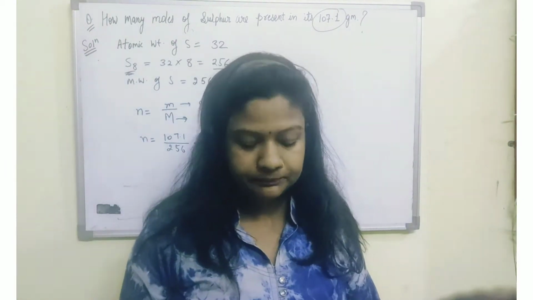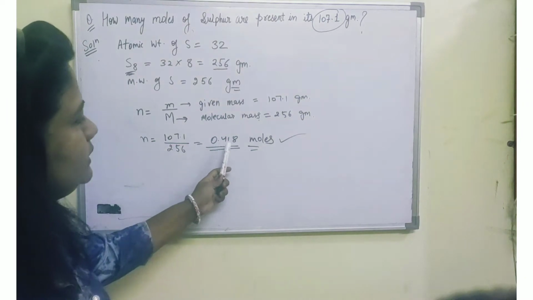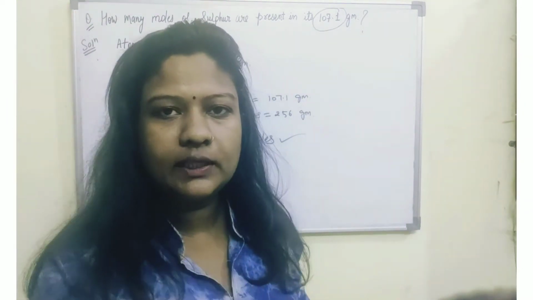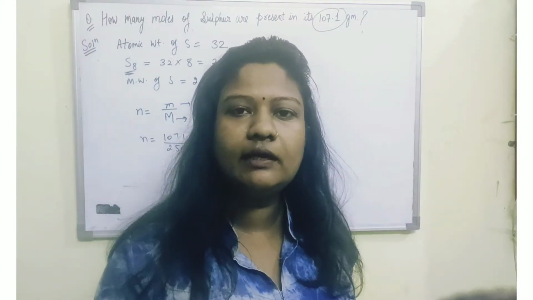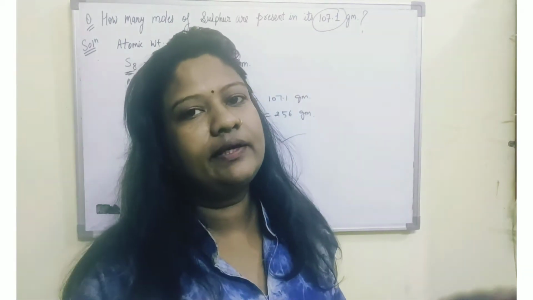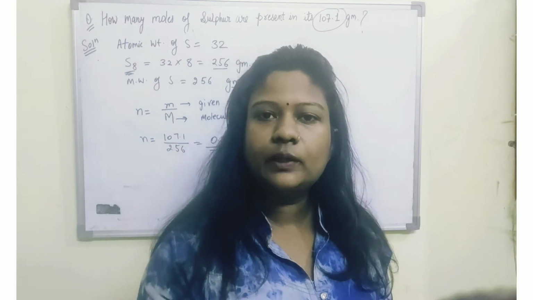Very simple answer. You will get the answer 0.418 only by using the simple formula small n is equal to small m upon capital M. You will put the value of small m, given mass of the substance, divided by its molecular mass. Okay, first numerical I think you have understood.